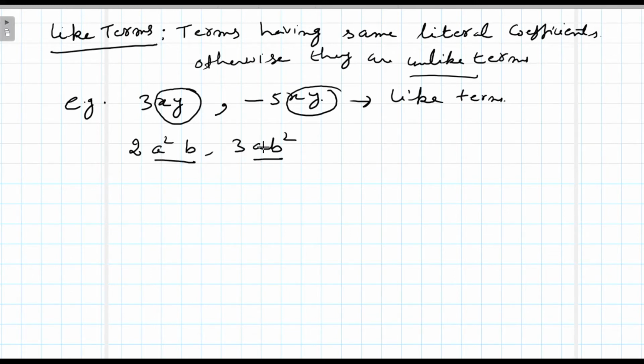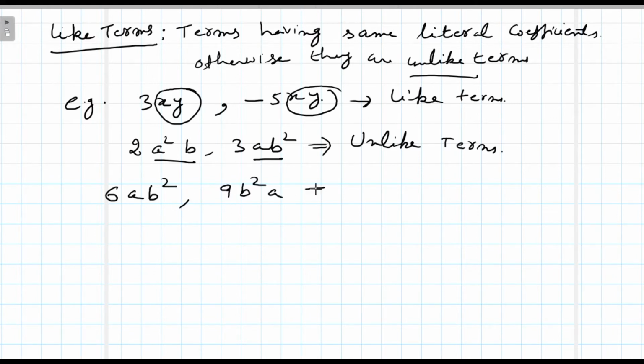Here a square, here a, different; b, b square, so these are unlike terms, right? Now if I write 6ab square and 9b square a, are they like or unlike terms?